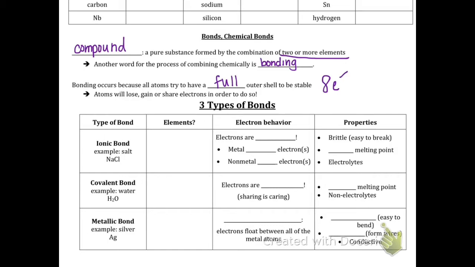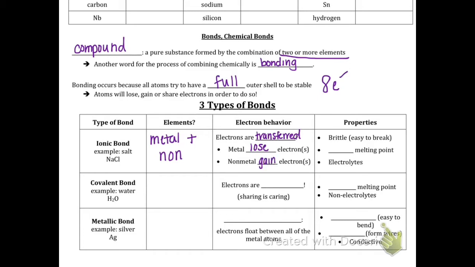Ionic bonds is when you have a metal bonded to a nonmetal. So, electrons in ionic bonds are transferred. Metals will lose electrons to look like a noble gas, and nonmetals will gain electrons.